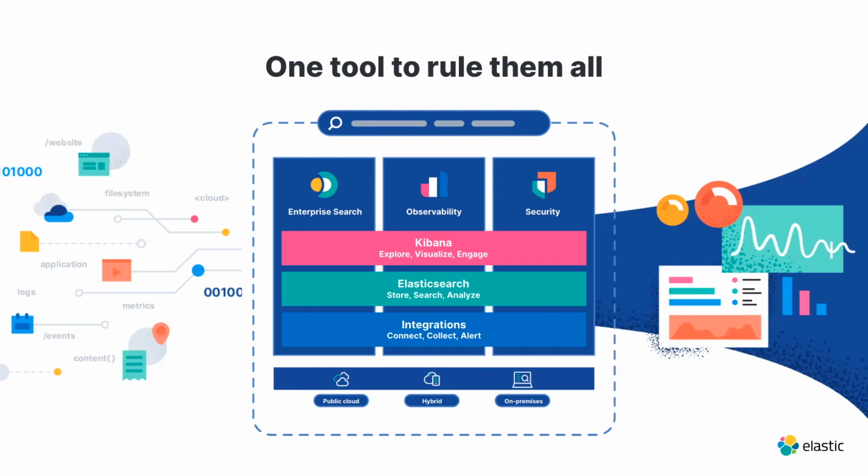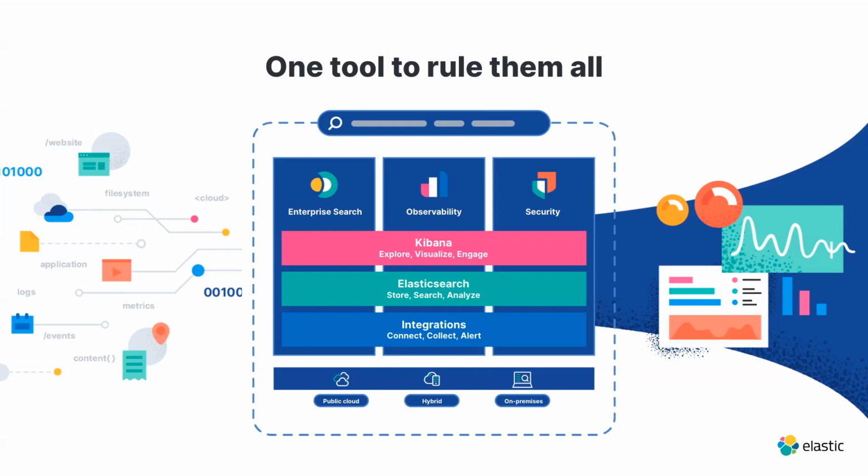I already mentioned Elasticsearch and Kibana, the vanilla core functionality, but we have also done some out-of-the-box integrations and business solutions. You have enterprise search, to collect all the data you have, for instance, in your workplace and make it searchable, or a search use case like an e-commerce shop, where you let your users search through your catalog to find the next thing to buy.